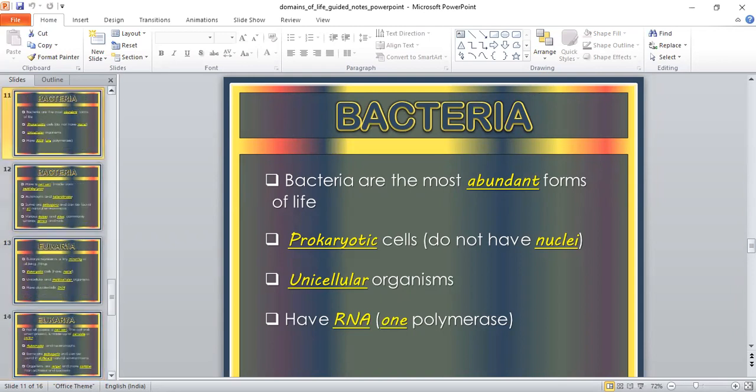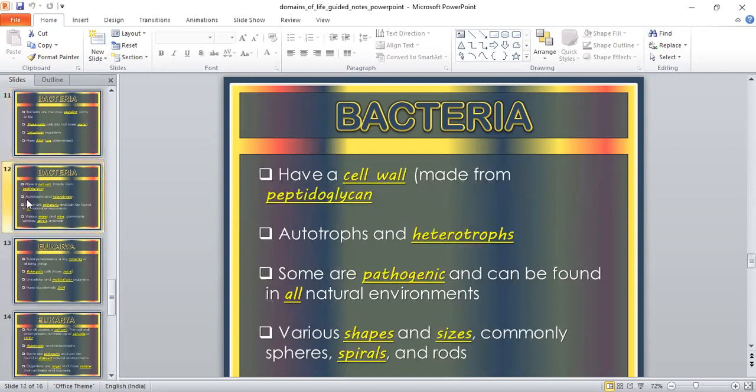Bacteria have a cell wall, and the cell wall is composed of peptidoglycan. What is peptidoglycan?